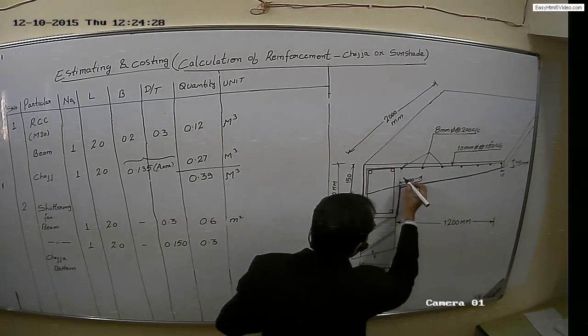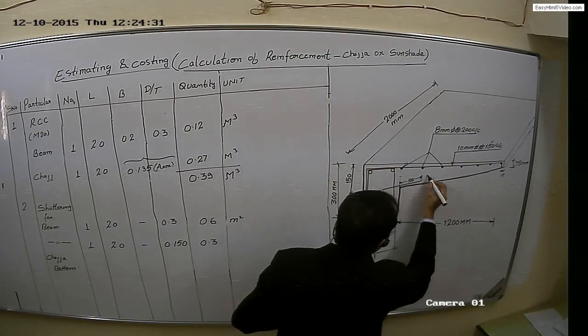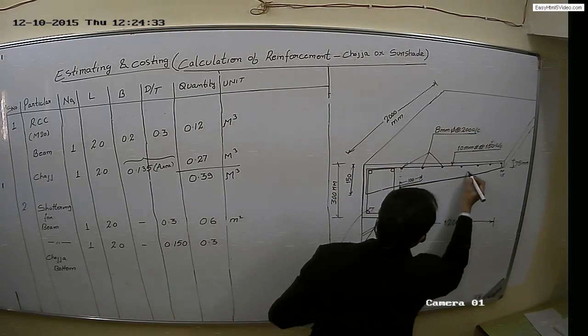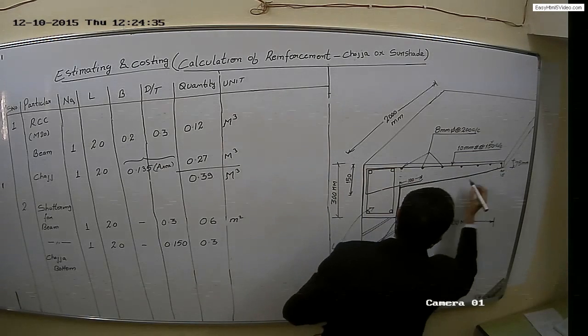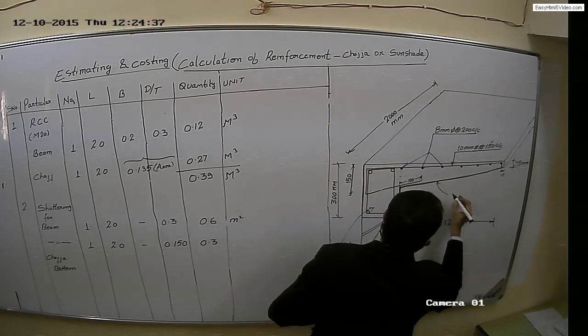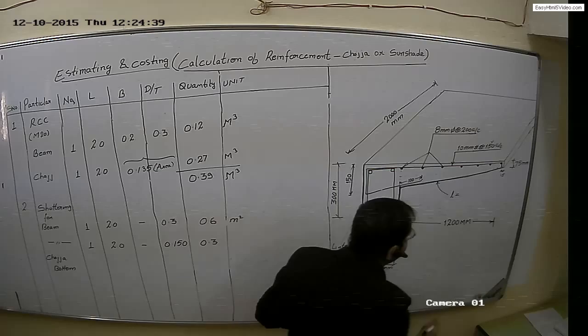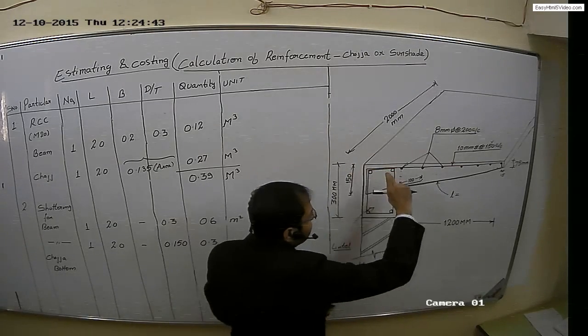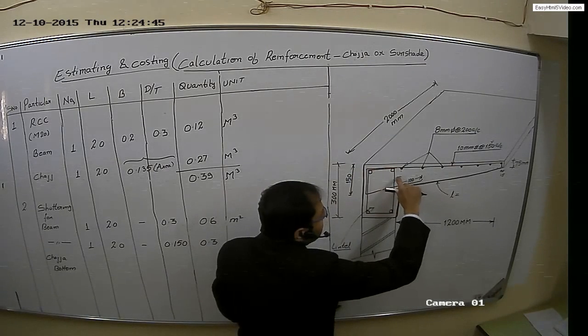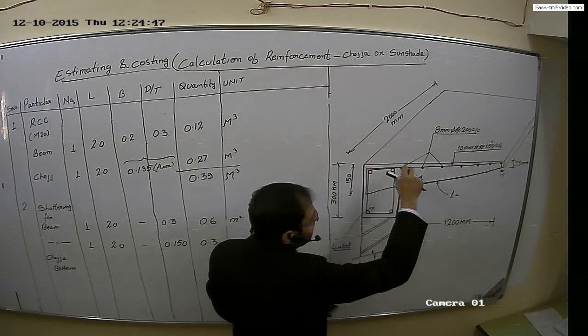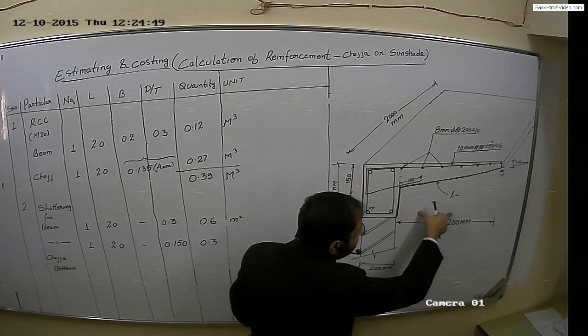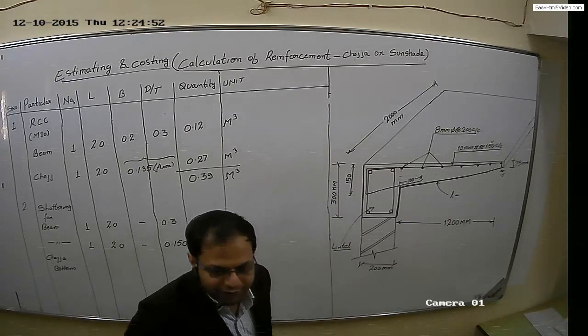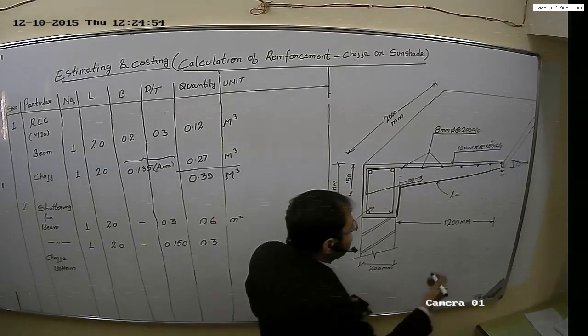See, it is a part of trapezoid. We can calculate the length of this face by applying Pythagoras theorem. This is 150, then you will get this 75, means 75 square plus 1200 square, and adding the two quantities, taking root, will get the length.